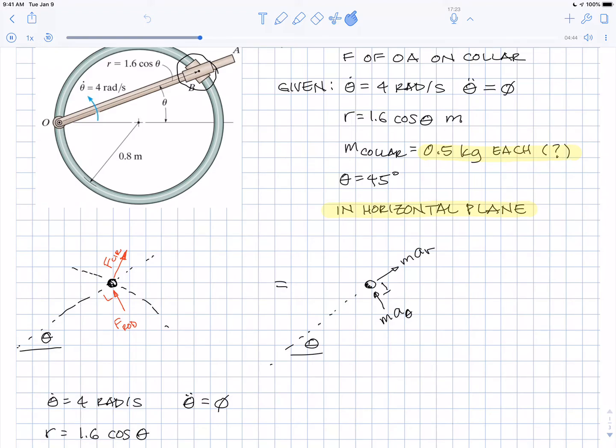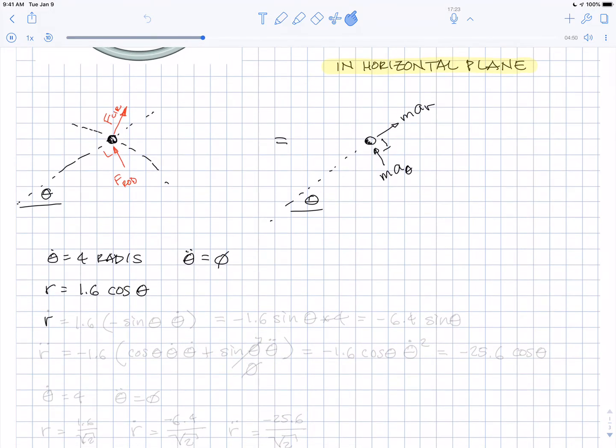So let's go right ahead and do r dot and r double dot. r dot equals 1.6 times the derivative of cosine, which is minus sine, and then by the chain rule, theta dot. That's nice. And r double dot equals minus 1.6 times the derivative of sine, which is cos theta, and by the chain rule another theta dot times theta dot, plus sine theta times theta double dot, which is 0.